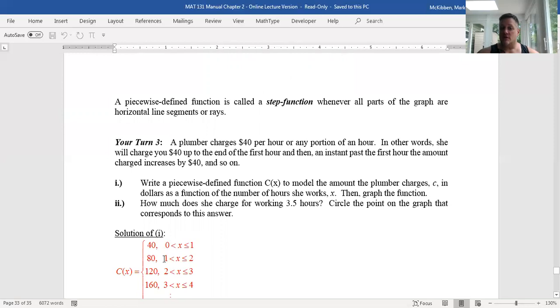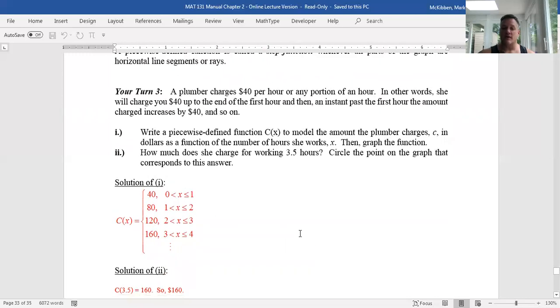The minute she's there for longer than an hour, the charge goes up to $80, and that's true all the way through the second hour. Once she's there more than a second hour, the price goes up another $40. And so notice here, the structure is always the same. The jump occurs right at the hour mark, and it occurs strictly to the right of that time. The jump is always by $40, right?